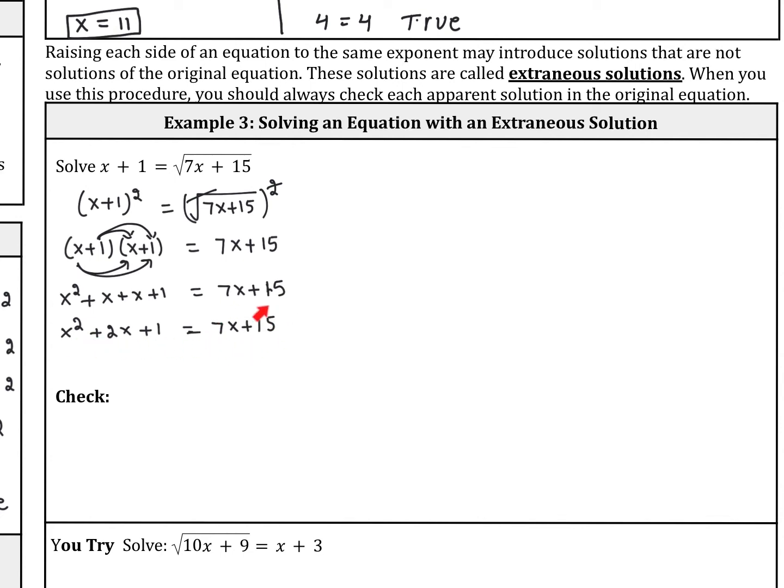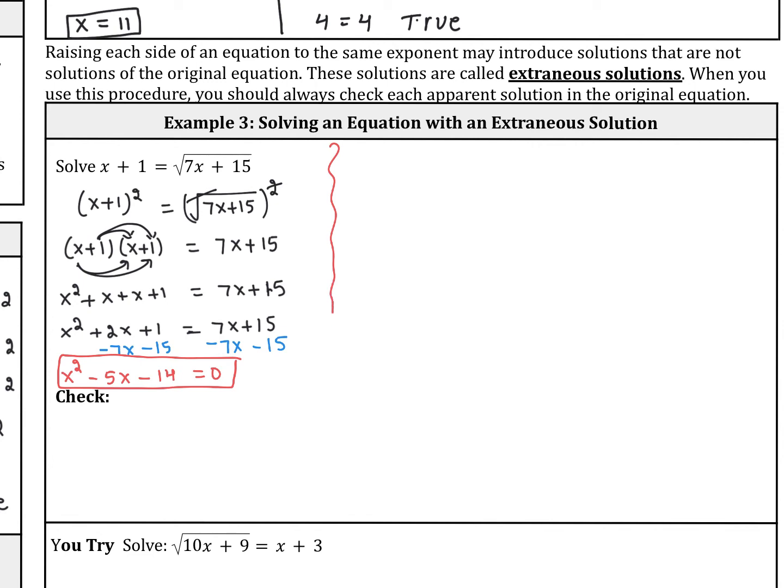So you're going to bring this 7x plus 15 onto this side. So you're going to subtract 7x on both sides and 15 on both sides. So the new equation is x squared minus 5x minus 14 equals 0. So this is your equation that you need to solve for x.